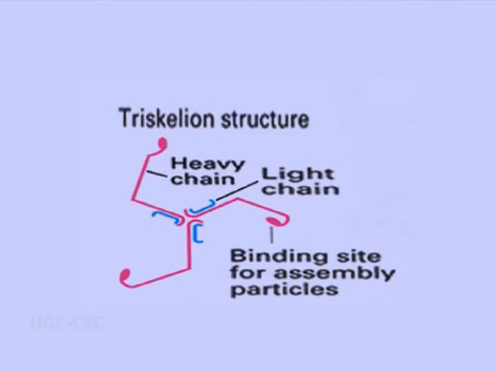It structurally looks like a three-limbed shape and is called a Triskelion, from Greek meaning three-legged. Each limb contains one Clathrin heavy chain with 180,000 molecular weight and one Clathrin light chain having approximately 35,000 to 40,000 molecular weight.